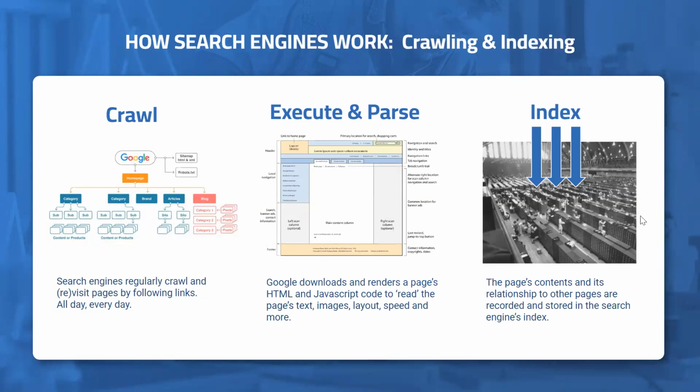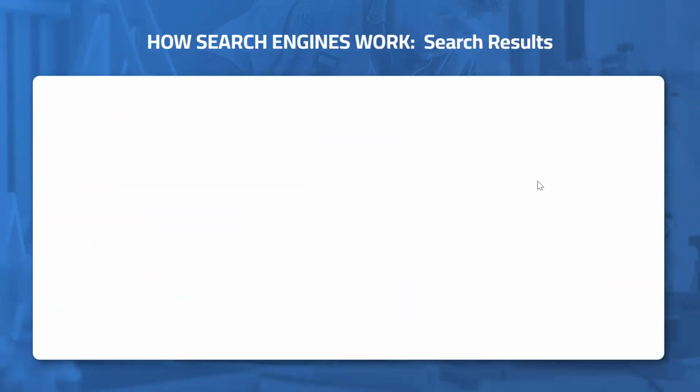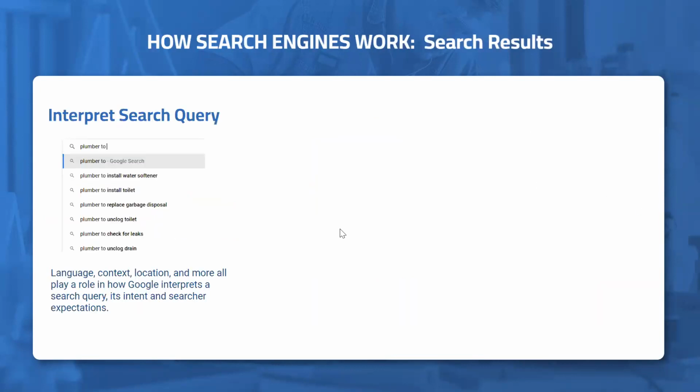Let's talk about that side of search now. So on the search side, someone does a search by typing or speaking their search using words. It might be a single word or a fully formed query or anywhere in between. Understanding the intent behind that search is the first thorny problem that the search engines face when trying to match that need. And it's a challenge that's going to continue for many, many years.